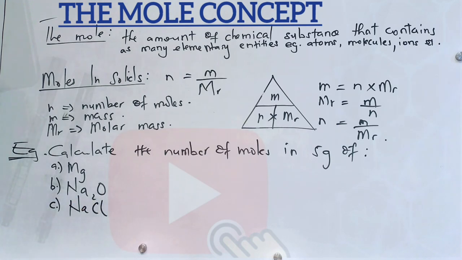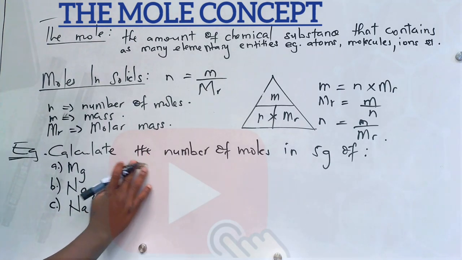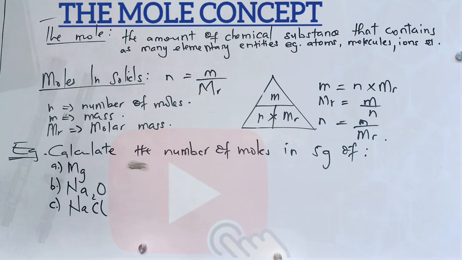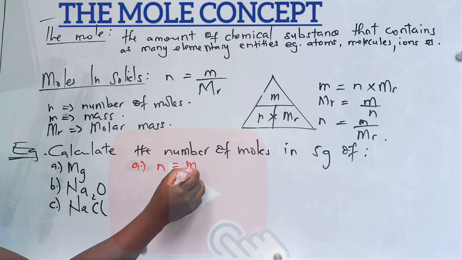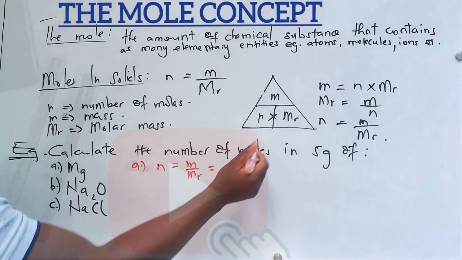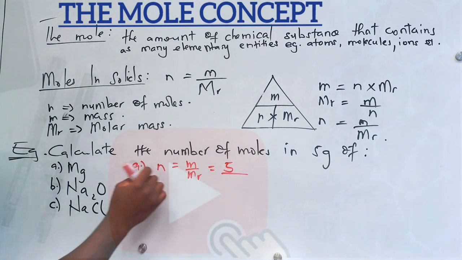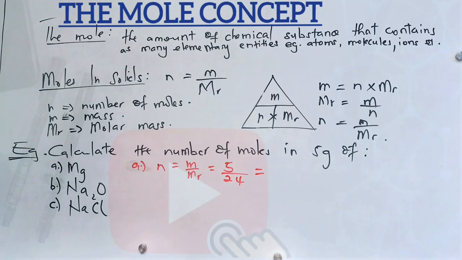For the first question, we check the mass number of magnesium. Magnesium has a mass number of 24. So for A, number of moles is equal to mass over Mr. Its mass is 5 grams, its Mr is 24. So 5 over 24.